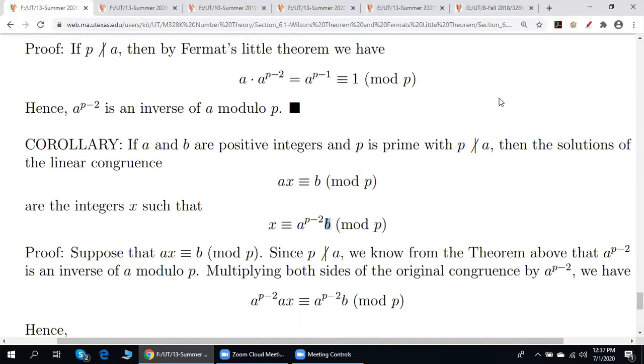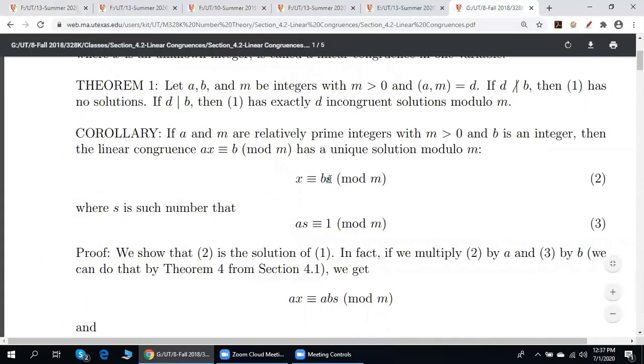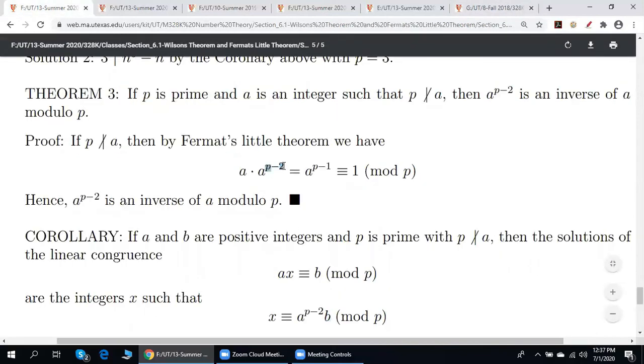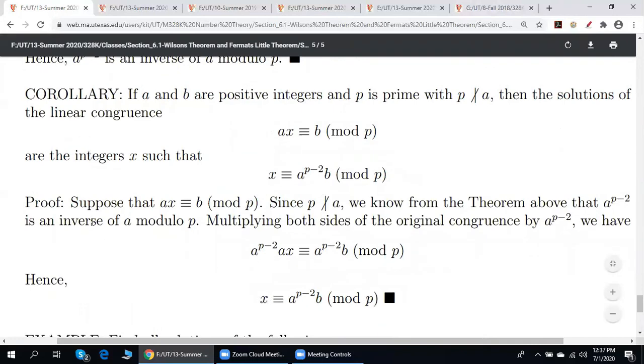Because according to theorem 3, the inverse is a to p minus 2. So here's the proof.